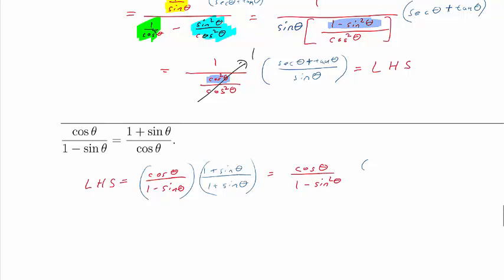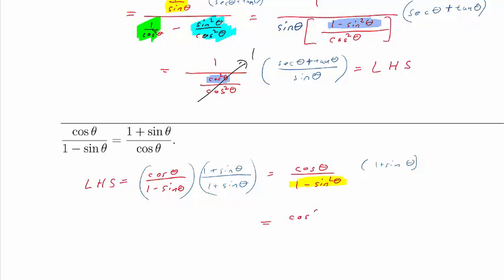And then we've got this 1 plus sine theta hanging out, because we see that we got a 1 plus sine theta here, 1 plus sine theta here. So we're going to leave that guy alone. This guy right here, we leave alone. Alright, 1 minus sine squared, that's simply the Pythagorean identity, that is cosine squared.